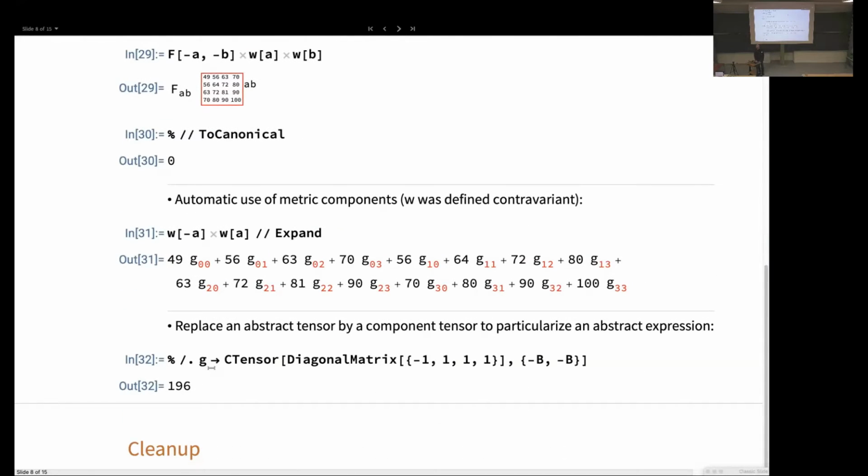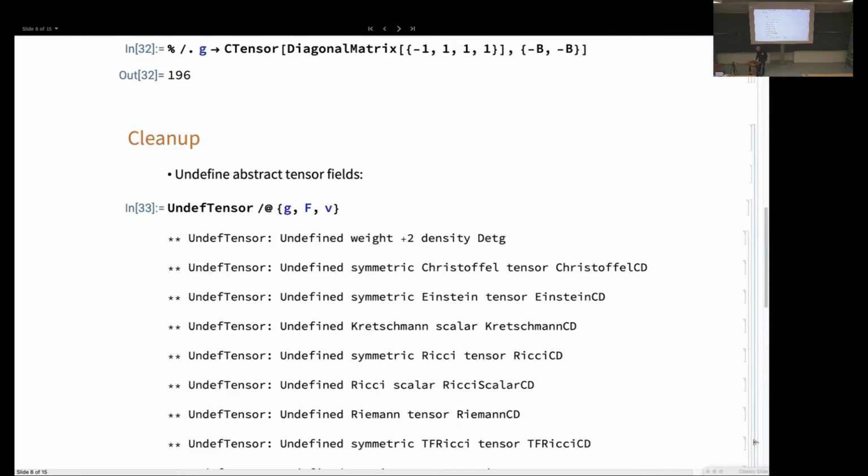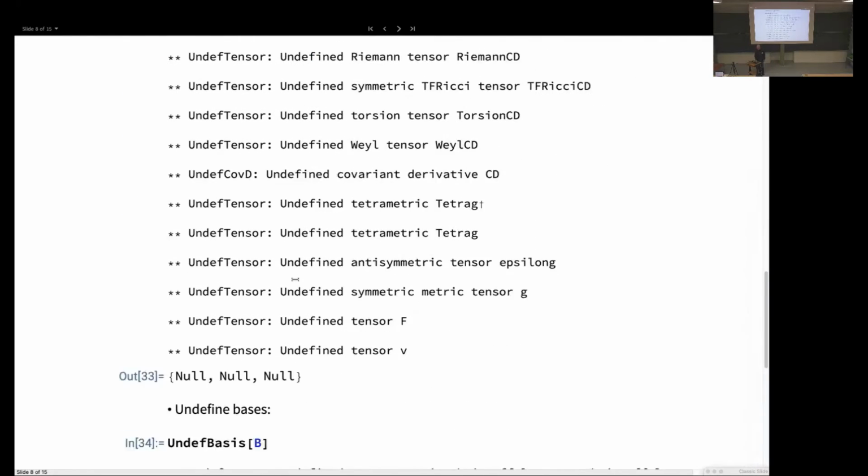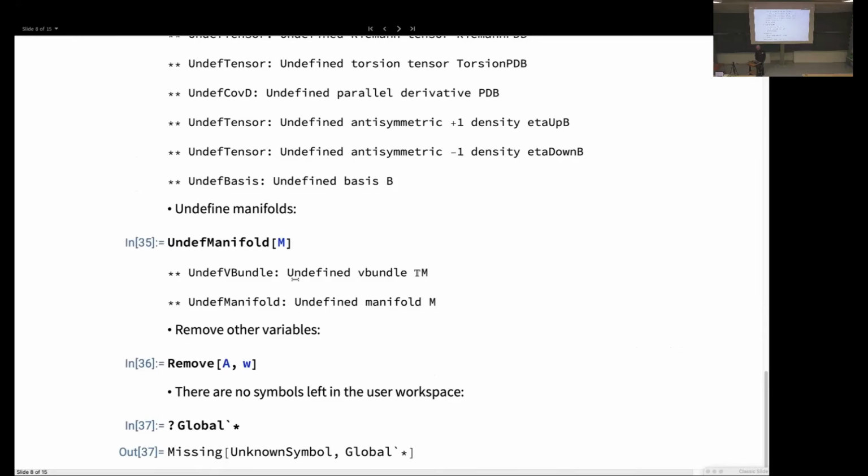And for example, G was the metric, right? At any point in which you have an abstract computation, you can replace the metric G by an explicit matrix. This would be Minkowski, right? So diagonal metrics, these are the bases. Okay, so these are super trivial computations. At any point, you can also remove the objects. This is what is done here.